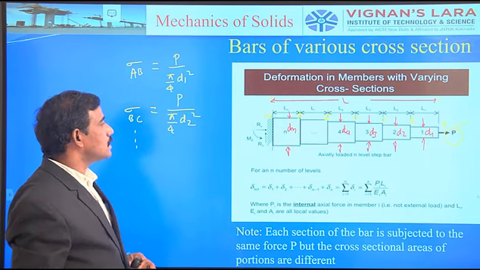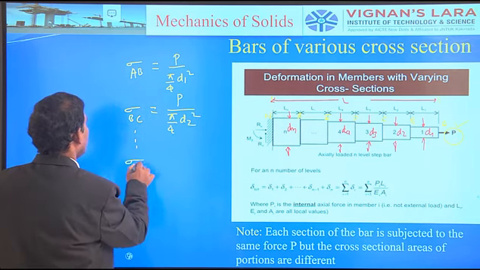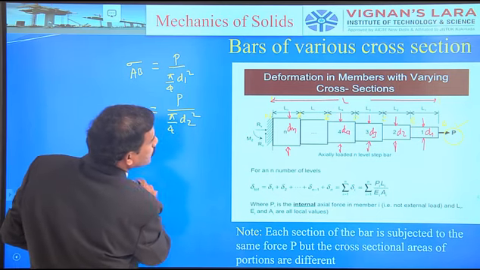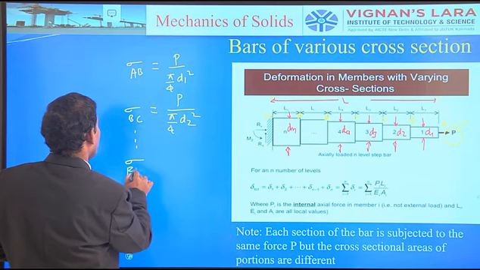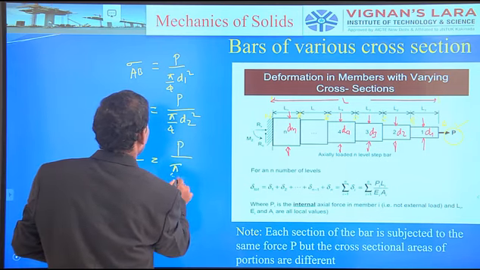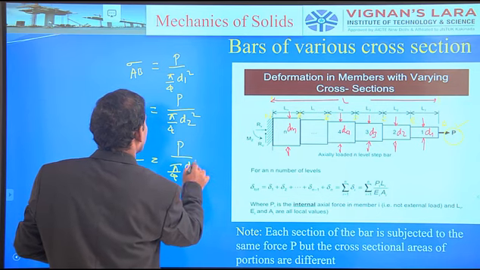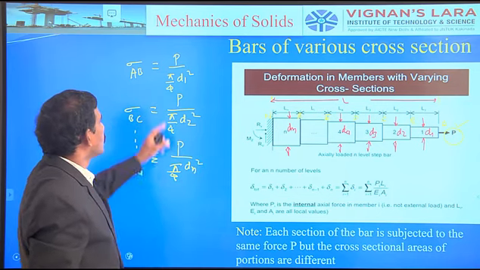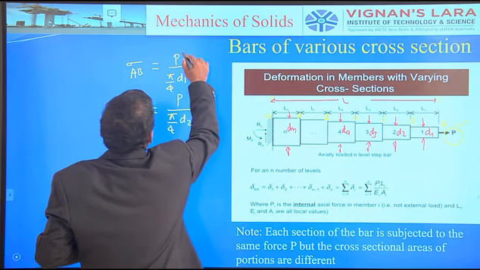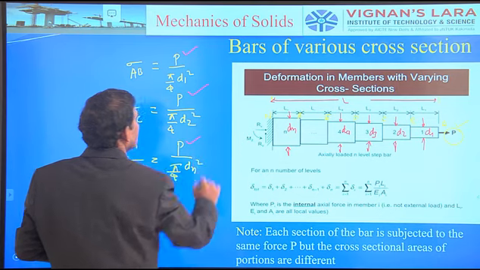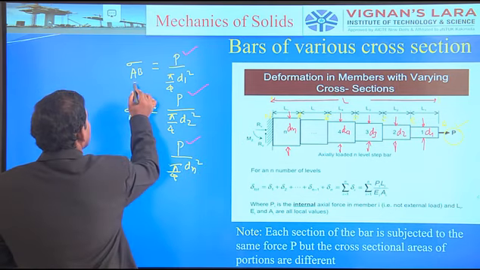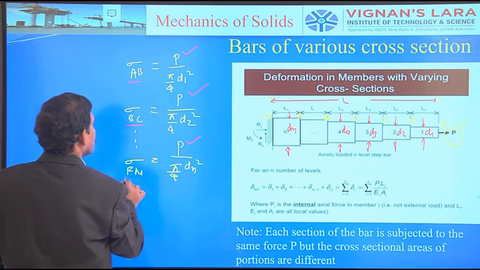Similarly, the stress in the last portion becomes P by pi by 4 Dn square. Though the load is the same on each portion, the stress is not the same on each portion.